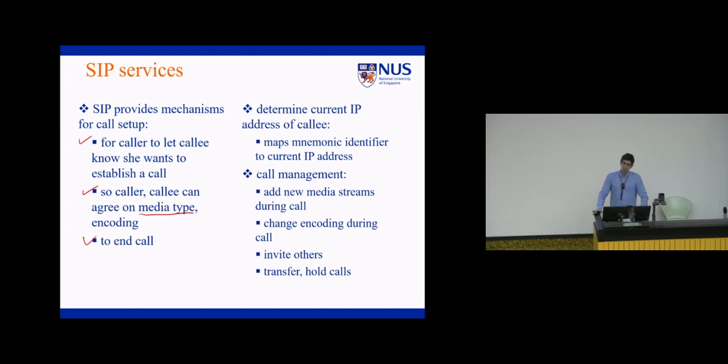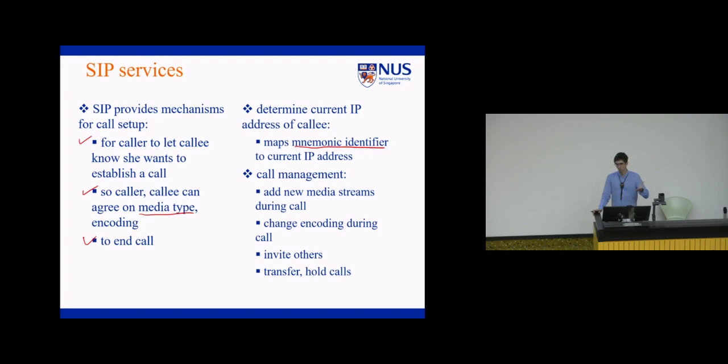SIP services also help you determine the IP address of the callee. Again, it is not just because of the mobility, it is because the callee might have multiple client devices running the same application. And it maps these mnemonic identifiers to current IP addresses. Mnemonic identifiers are like your usernames or SIP addresses.